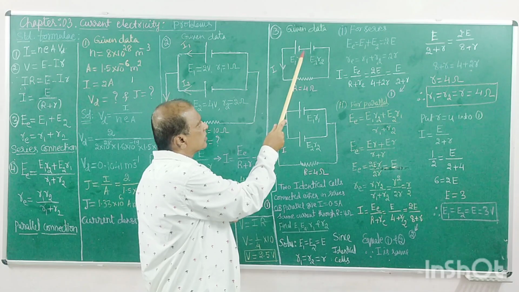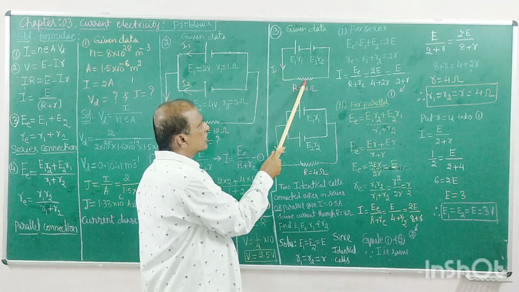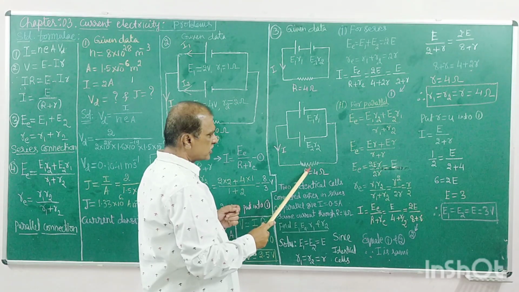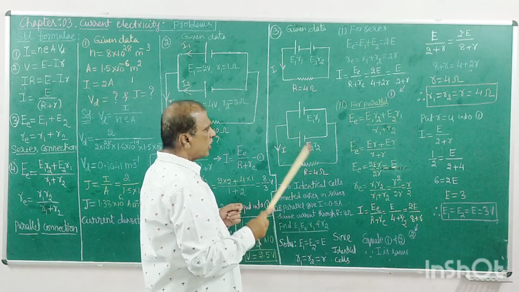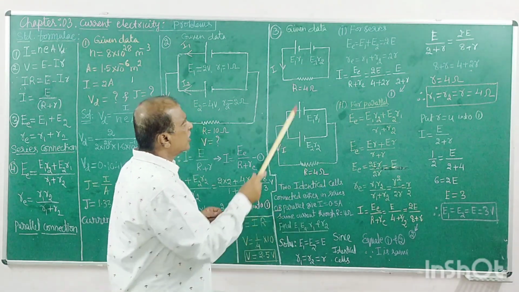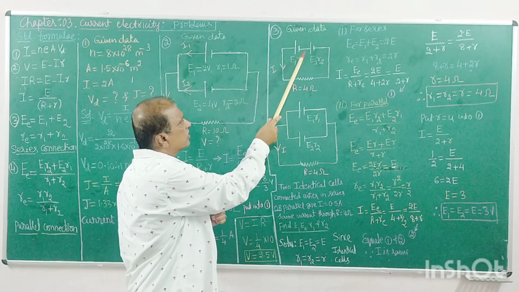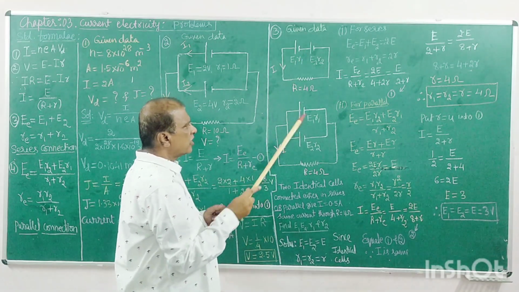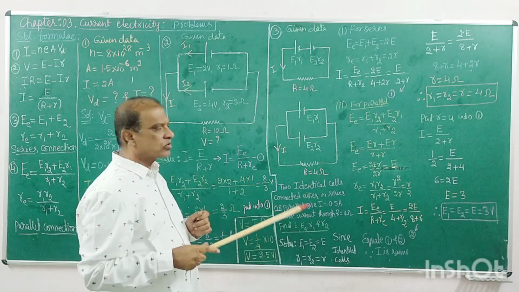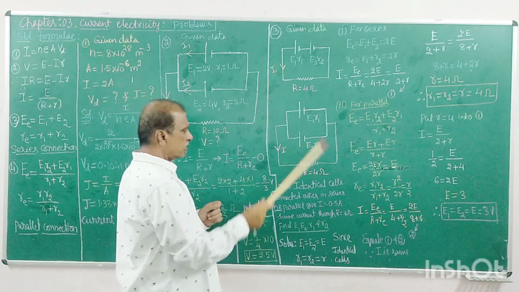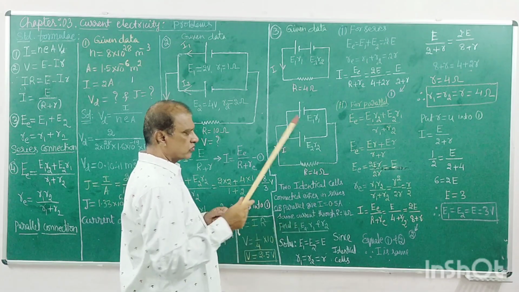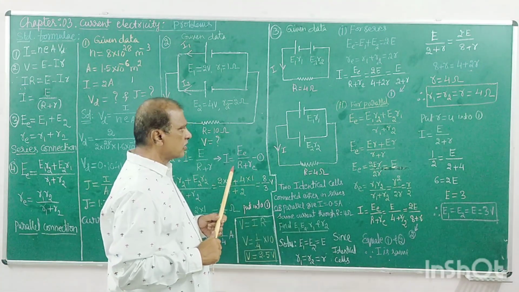The series combination is connected to an external circuit having a resistance of 4 ohm, and likewise the parallel one has the same resistance, 4 ohm. And they said the net current flowing out, whether the cells are connected in series or parallel, is the same current, 0.5 ohm, it is given.